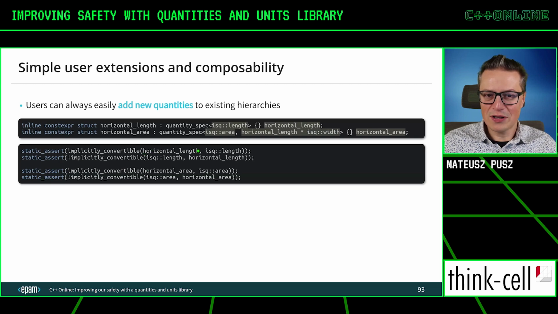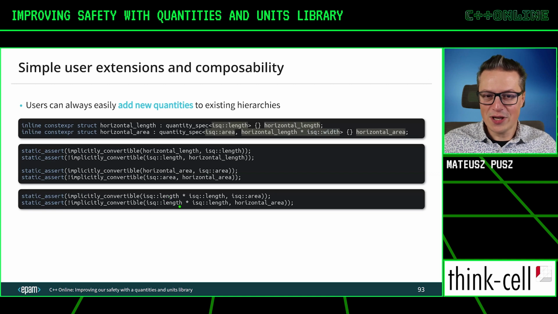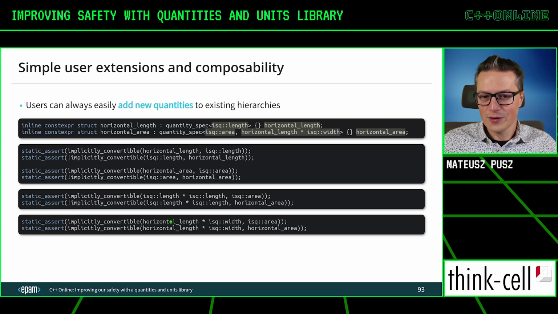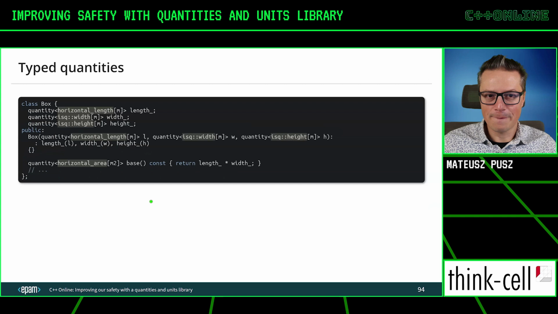Horizontal length is a length. Length is not a horizontal length. Not every length is a horizontal length. Horizontal area is an area. Not every area is a horizontal area. Length by length is an area, but not every length by length is a horizontal area. Horizontal length multiplied by width is an area. Horizontal length multiplied by width is a horizontal area because we have an explicit case for this one.